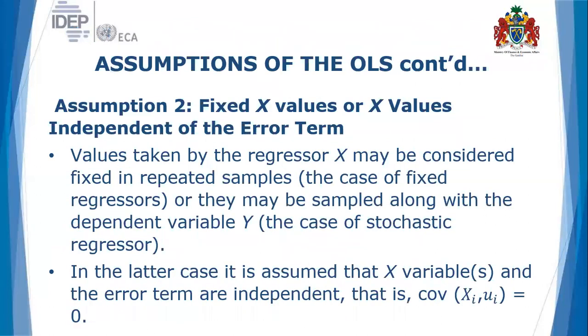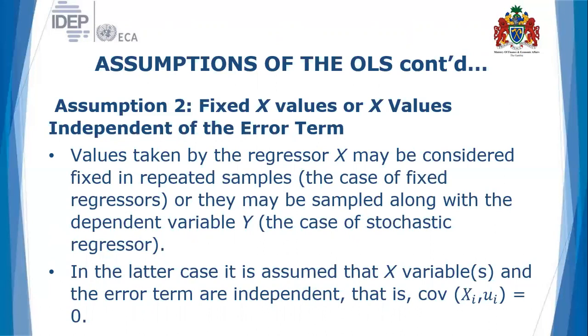Assumption number 2 is fixed x values, or x values independent of the error term. That means the values taken by the regressor x may be considered fixed in repeated samples, as in the case of fixed regressors, or they may be sampled along with the dependent variable y, in the case of a stochastic regressor.